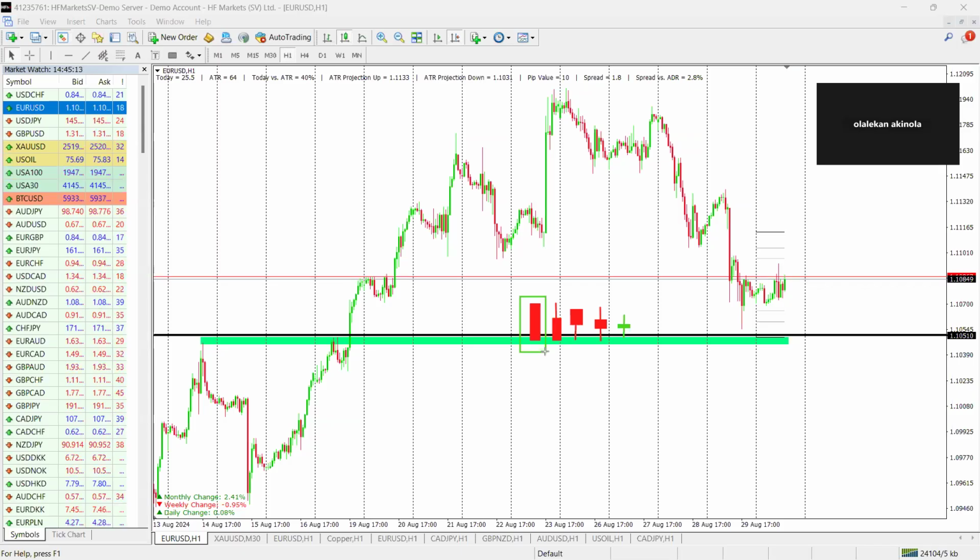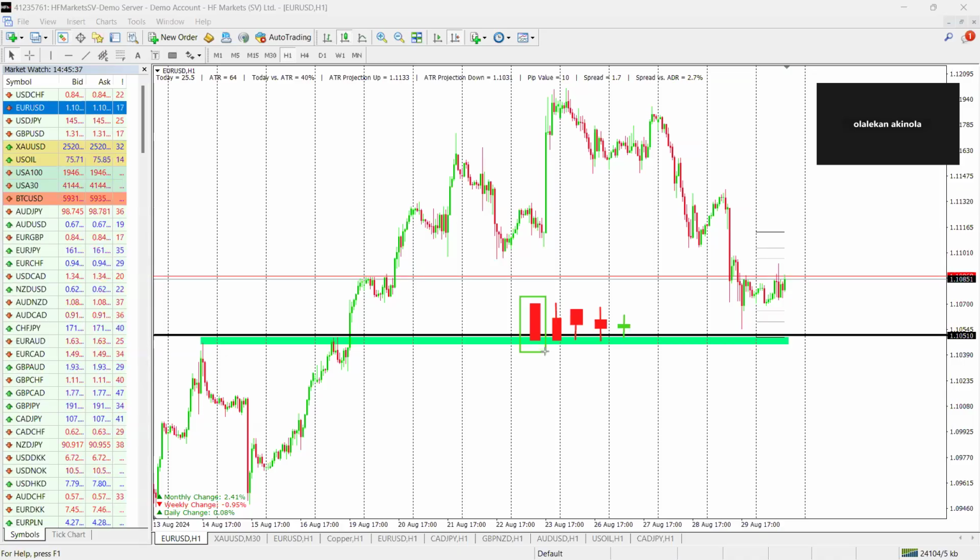You cannot even find any element of pushback from buyers, because you must understand that the reason why there is a support level and the reason why you can find wicks, which are pushbacks against some entries, is because if a level is going to be defended, there should already be some pending orders laid there.